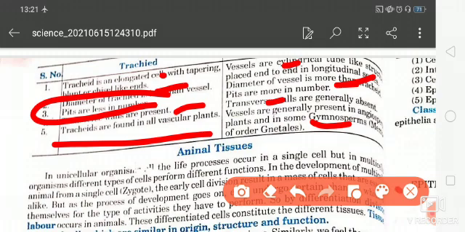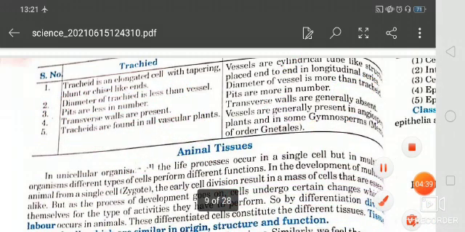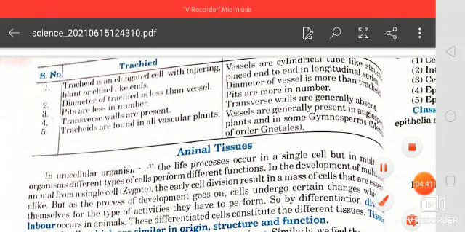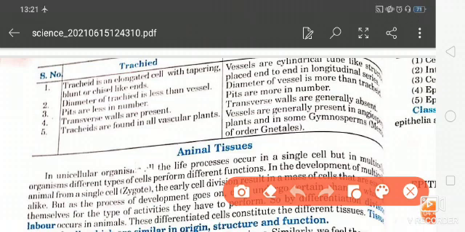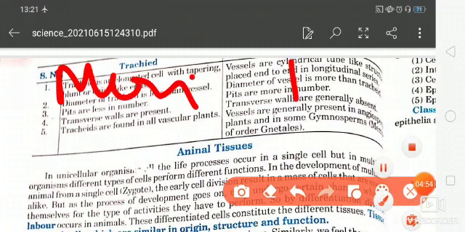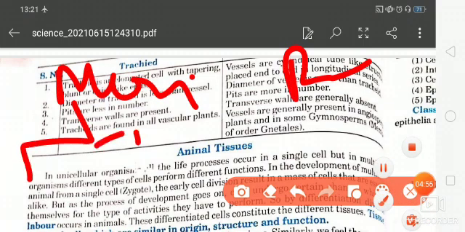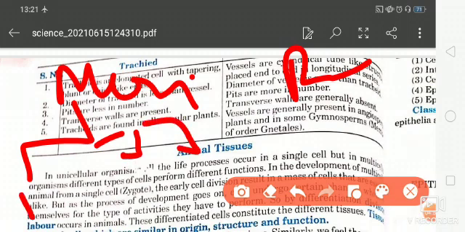Now, before the next topic of animal tissue, let us recap. In plants we found 2 types of tissues: meristematic tissue and permanent tissue. Meristematic tissue is further divided into apical, lateral and intercalary.